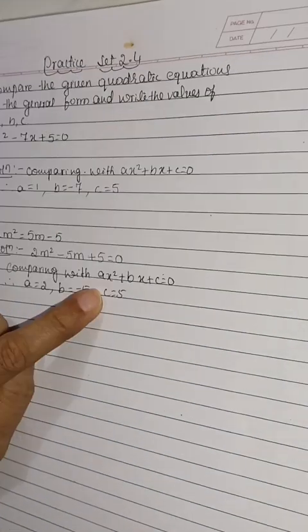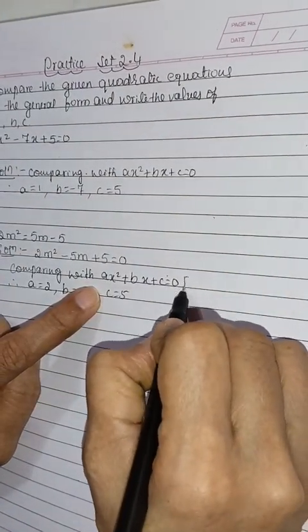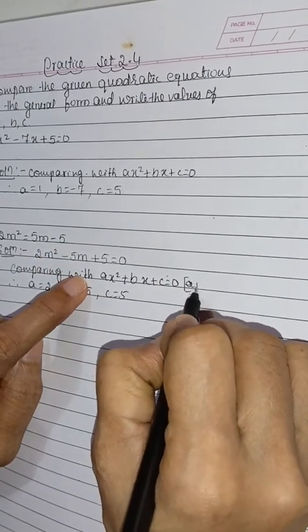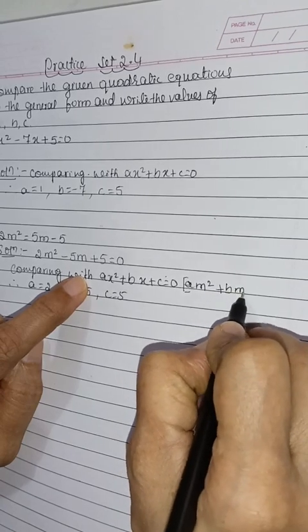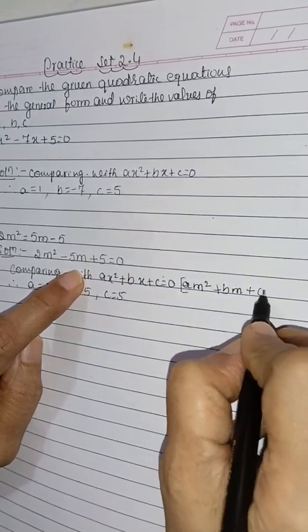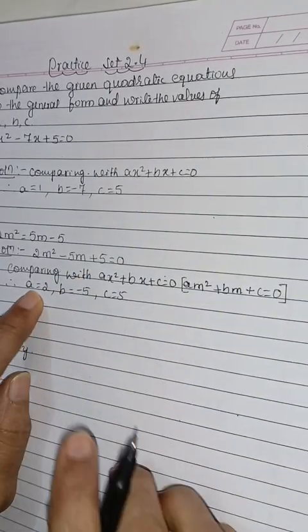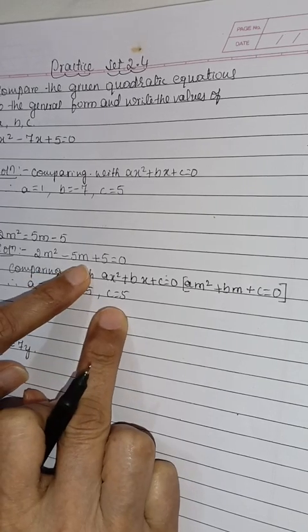Okay. See, this is the standard formula. You can write in this way also. Take this variable as m, no? So we can write am square plus bm plus c equal to 0. In this way also you can write, then write a equal to 2, b is minus 5, c is plus 5. Okay.